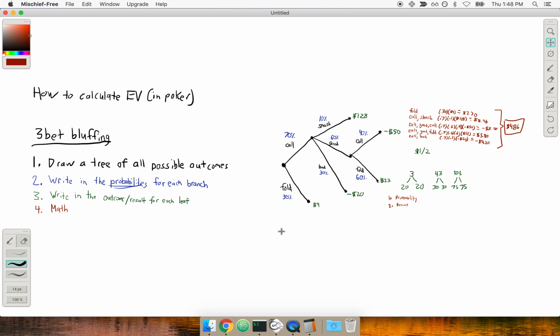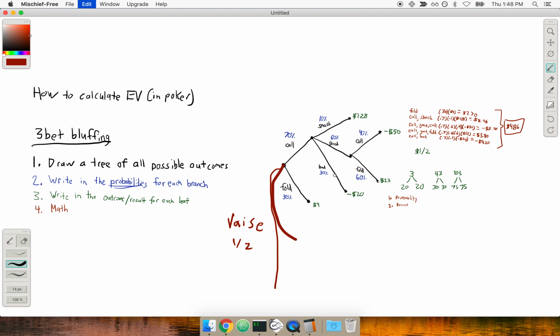With this knowledge, you can take this and do your own analyses. Like if you wanted to incorporate the possibility of getting a raise, let's say you want to see what happens if they raise half pot sometimes and full pot other times, you can do that.